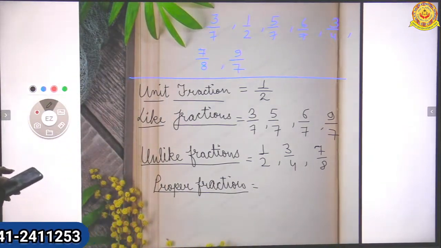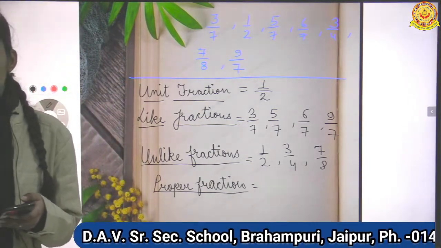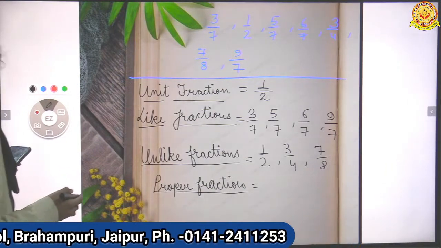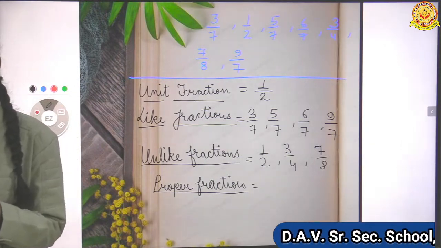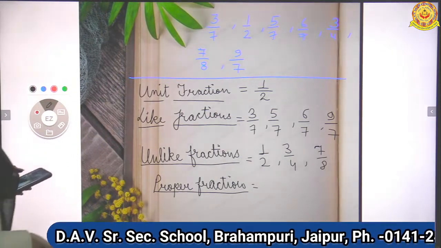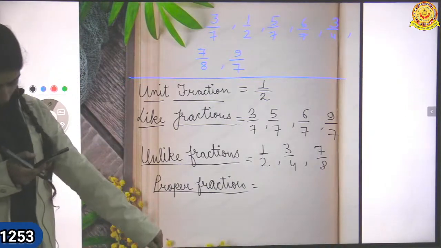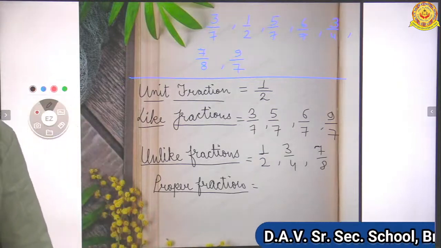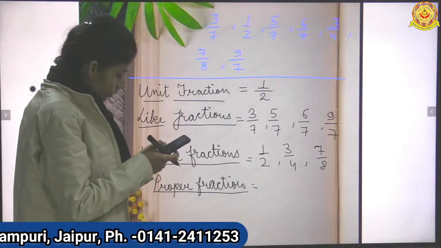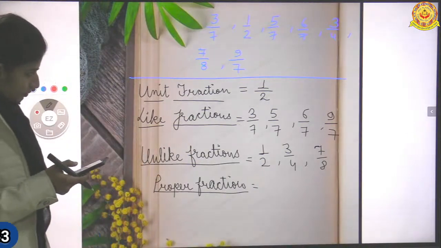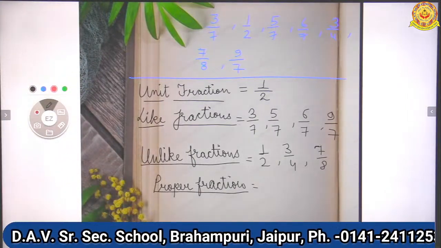In proper fractions, I have told you the numerator is smaller than the denominator. So how many fractions here have the numerator smaller than the denominator? Rashila has written 1/2, 3/7, 7/8. In a proper fraction, the numerator is less than the denominator.